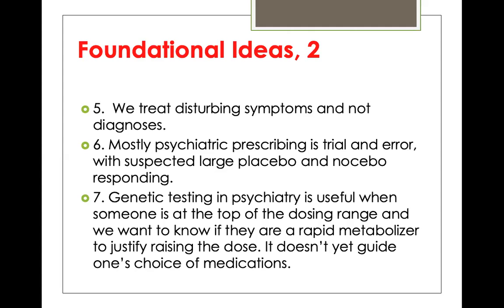And even those algorithms admit that if the first drug doesn't succeed, try the second drug. And if the second drug doesn't succeed, try the third drug. The Texas medication prescribing algorithms work better than psychiatrists not using an algorithm.